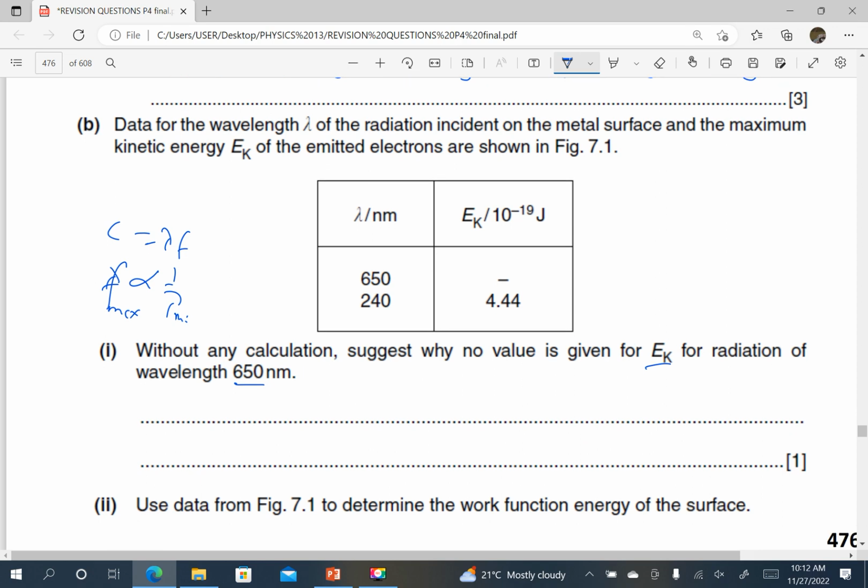So maybe lambda is longer than the threshold wavelength.